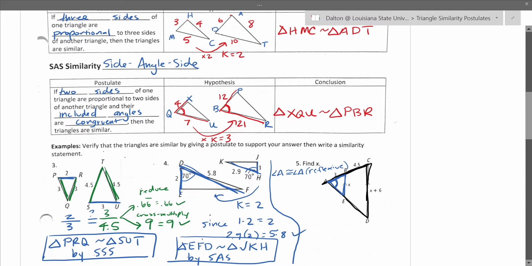And then the other thing to notice is that we have two parallel lines and we have a transversal. And if you have two parallel lines and a transversal, then we can say angle E in the tiny triangle has to be congruent to angle D.